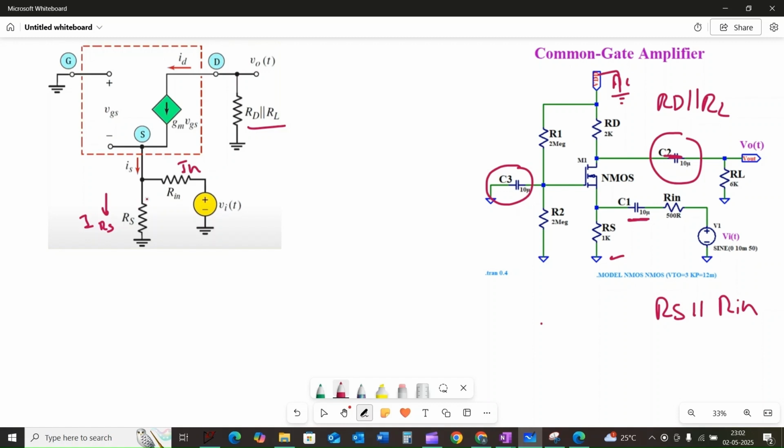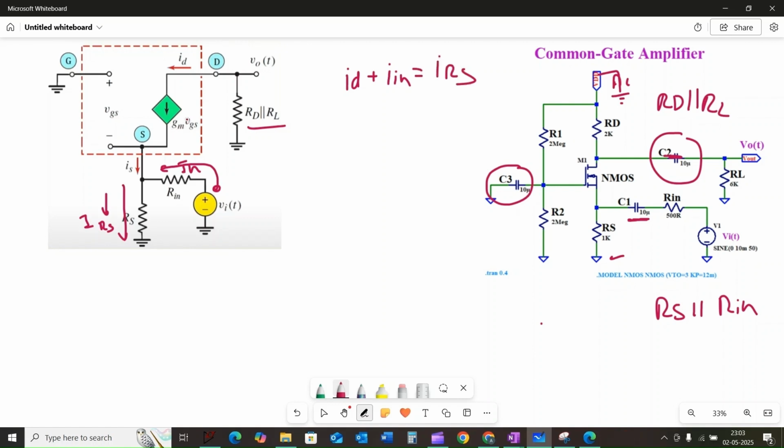The In flows from the positive in this direction and the IRS in this direction, so that the drain current ID plus the input current In equals IRS.